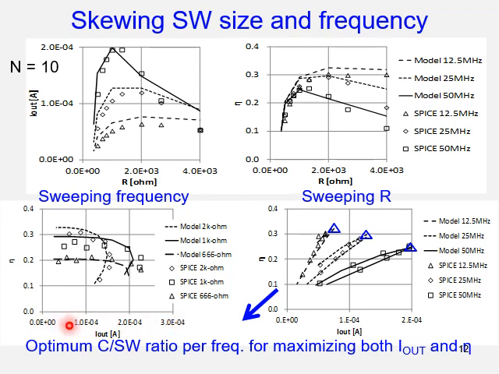For the x-axis, you just plot eta versus I out based on those two graphs. For example, this point has this I out, say 60 microampere at 2 kilo ohm with 12.5 megahertz.